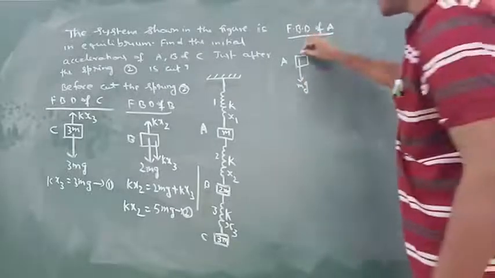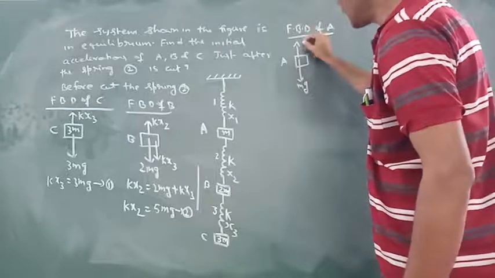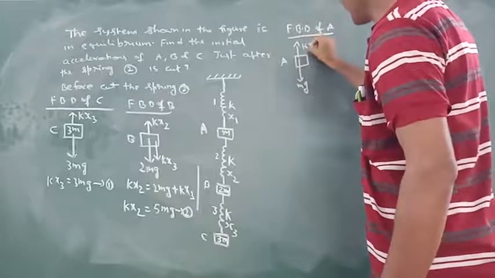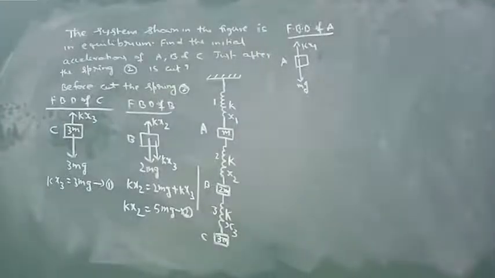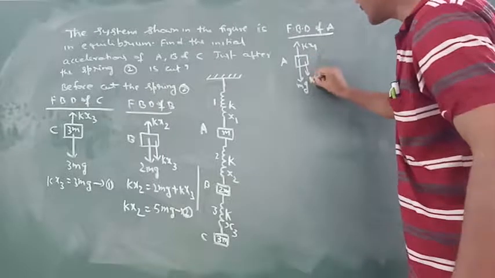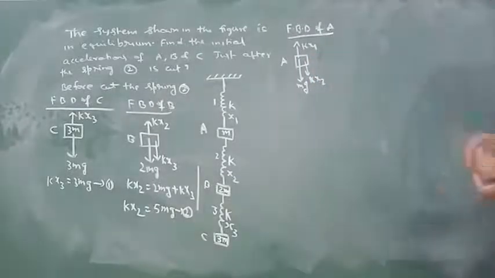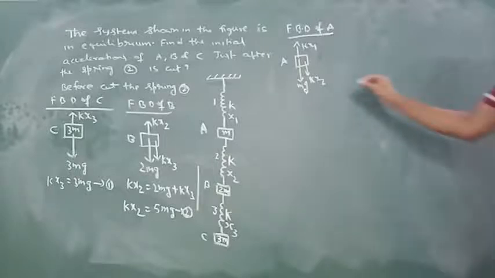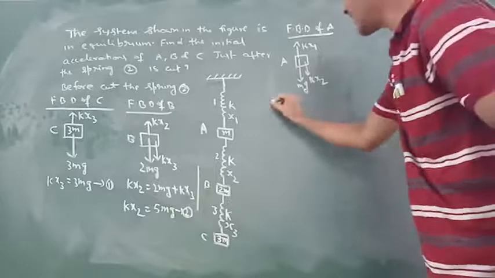Spring force in spring 1 acts on A in the upward direction, that is Kx1. The second spring is also connected to block A, so it pulls the block downward with a force Kx2. Since A is also in equilibrium, we can write mg plus Kx2 is equal to Kx1.